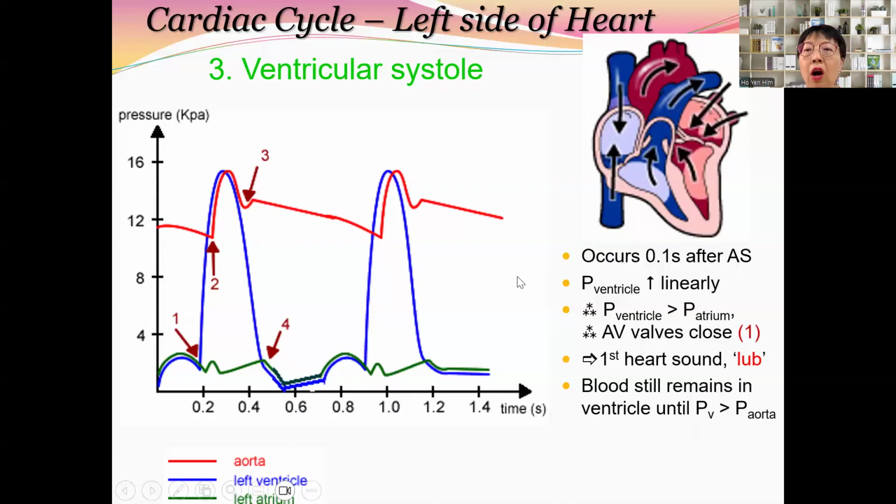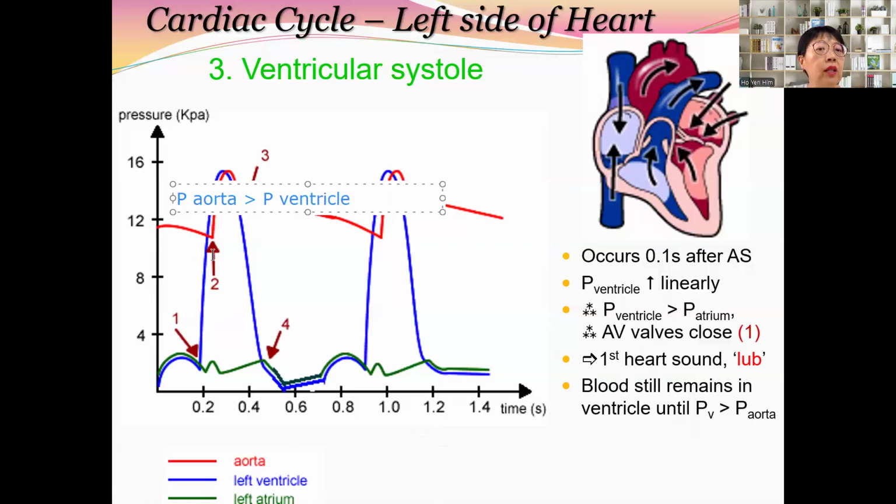Why? Because you see, the pressure in the aorta is red color. The pressure in ventricle is blue color. What happened to pressure in aorta versus pressure in ventricle? My pressure in aorta is still higher, right? Than pressure in my ventricle.